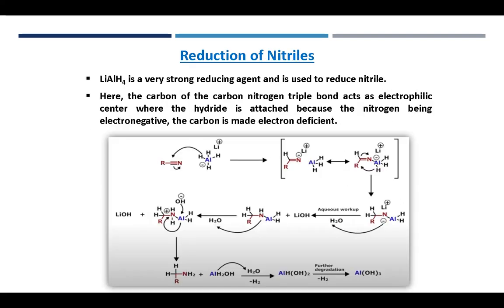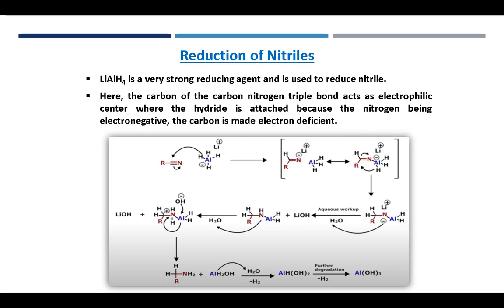Reduction of nitriles. Lithium aluminium hydride is a very strong reducing agent, and this is used to reduce nitriles. In the case of nitriles, the carbon of the carbon-nitrogen triple bond acts as the electrophilic center, where the hydride is attached, and this is because nitrogen is electronegative, hence, the carbon is electron deficient.